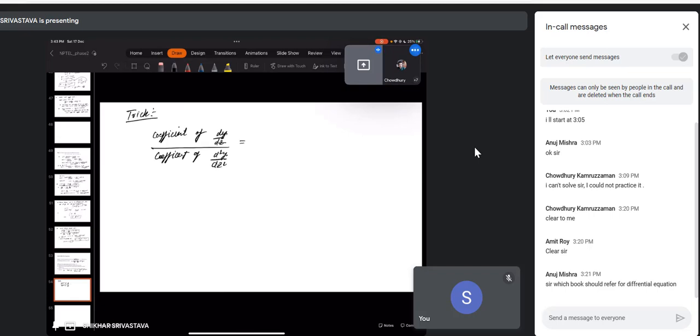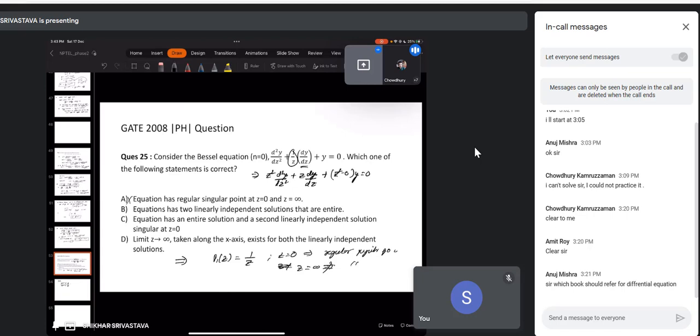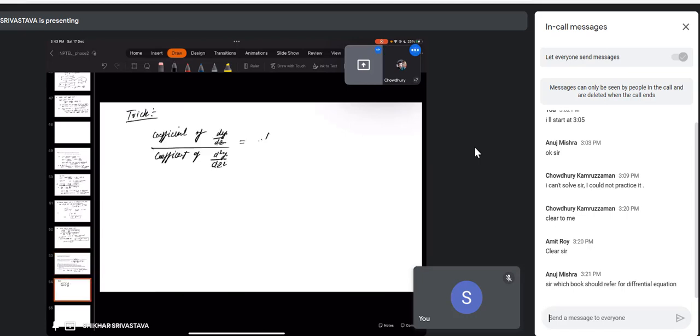The coefficient of dy by dz is 1 by z and the coefficient of d2y by dz square is 1. So it is 1 by z, and this is infinity at z is equal to 0. So z is equal to 0 is a singular point. The solution is not defined; it is non-analytic at this point.